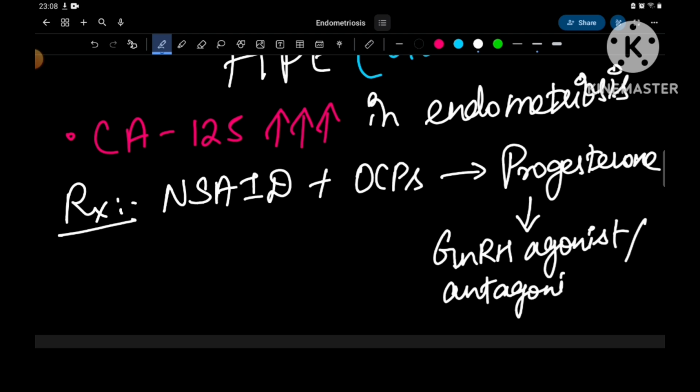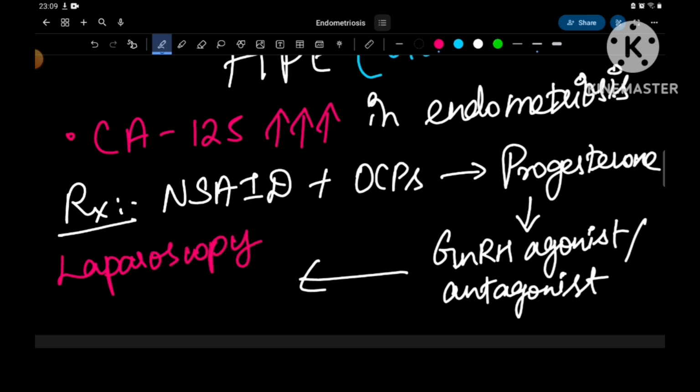Antagonist. Followed by, if it fails, final is, don't get confused, this is for treatment I am saying. Gold standard is HPE only, histopathological examination. But I am saying for treatment it is laparoscopy. Laparoscopy, right? Okay guys, so that's the thing.